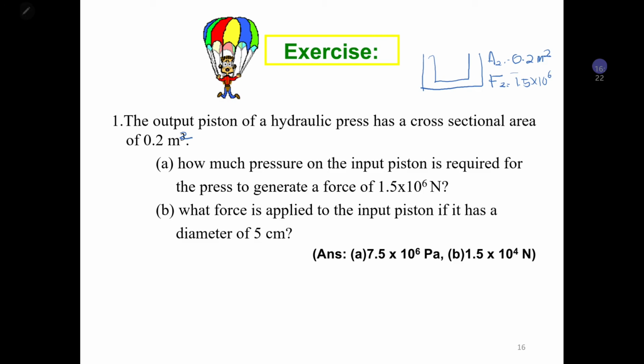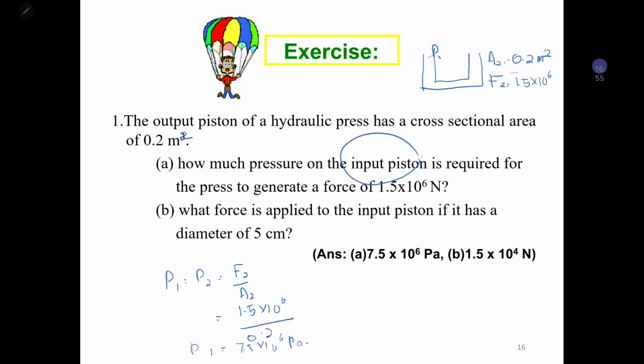They ask for the input piston, which means you need to know the pressure for question A. So P1 is equal to P2, which is equal to F2 divided by A2. We know F2 is 1.5 times 10 power of 6 divided by 0.2, and then you will get P1 equal to 7.5 times 10 power of 6 Pascal.